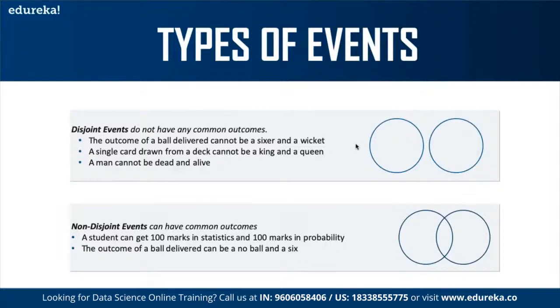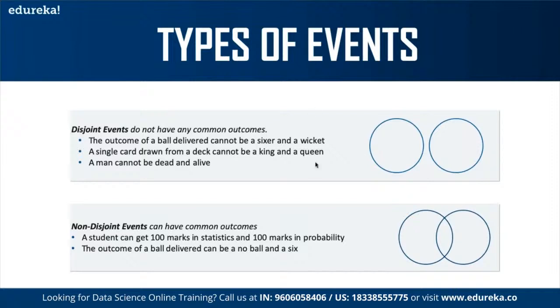And then we have disjoint and non-disjoint events as well. Disjoint events are those that cannot overlap, and non-disjoint events happen when they have some kind of overlapping or common data with us, right?